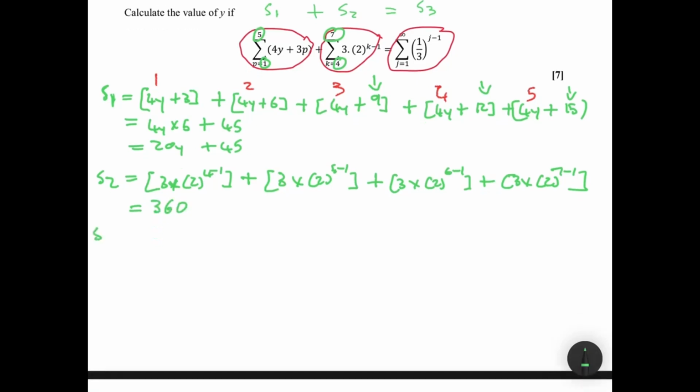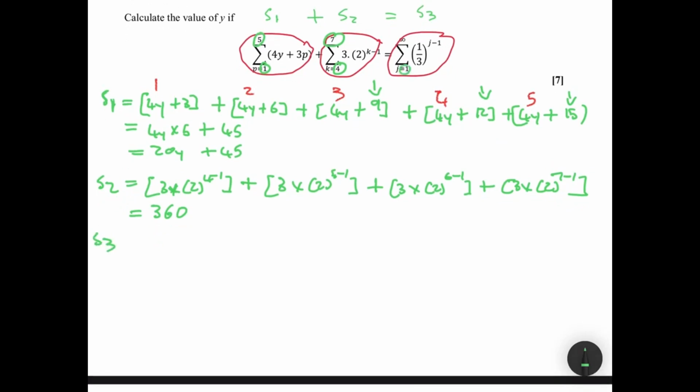Let's find S3. So S3, we're going from j is equals to 1 to j is equals to infinity. So if we go into infinity, we obviously cannot calculate the individual terms, right? Because we'll never really go to infinity. In any case, what is infinity, right? Equation for another day. So here we have the equation being 1 divided by 3 to the j minus 1, right?